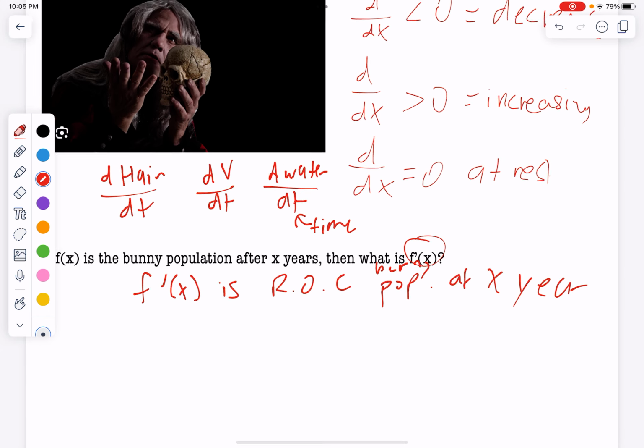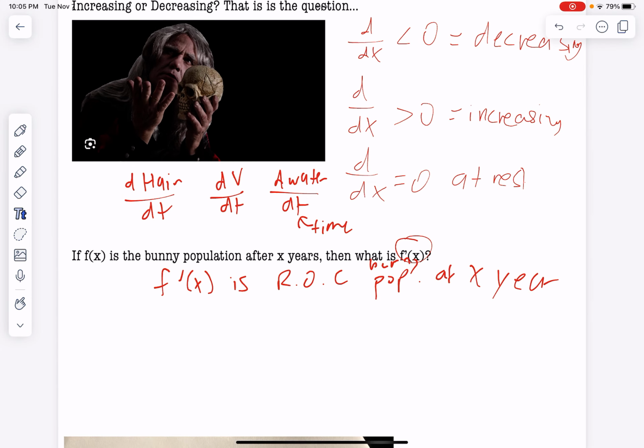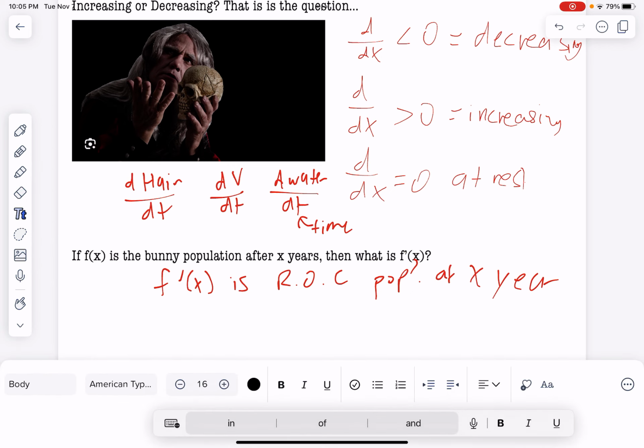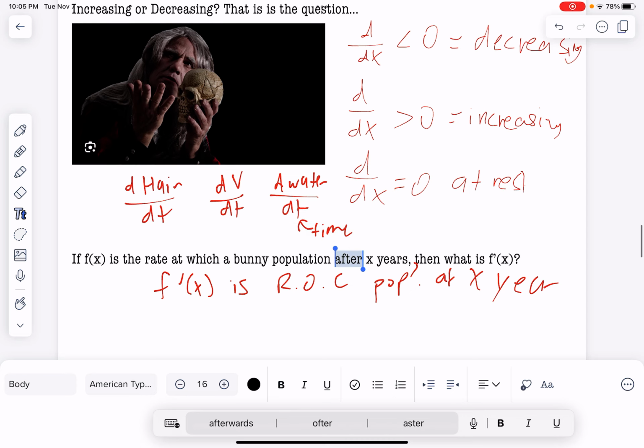But what do you do when it switches it up a little bit on you, and instead it asks: if f(x) is the rate at which a bunny population increases, then what is f'(x)?